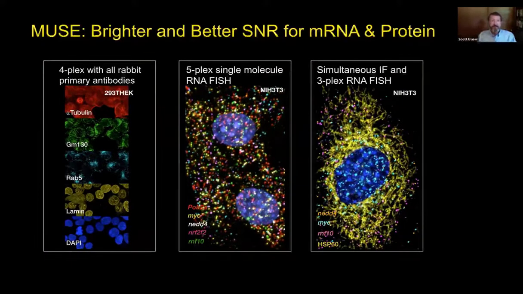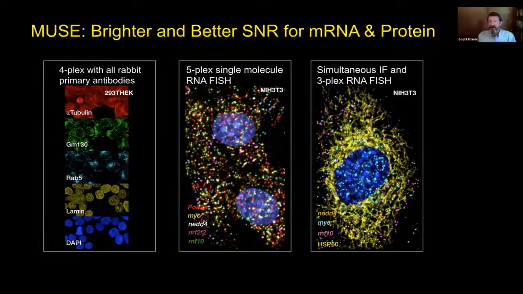In this case, it's fourplex with all rabbit antibodies to the left, or to put 5 different initiators on 5 different RNA molecules. You can see the individual dots that represent the individual messages. And if we blew this up, you'd see that they're very good about being orthogonal to one another. That is, the dyes are very localized to their own RNA and don't cross-react.